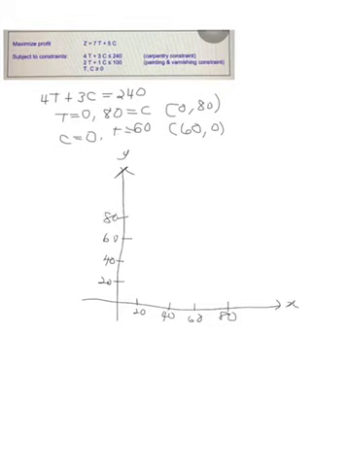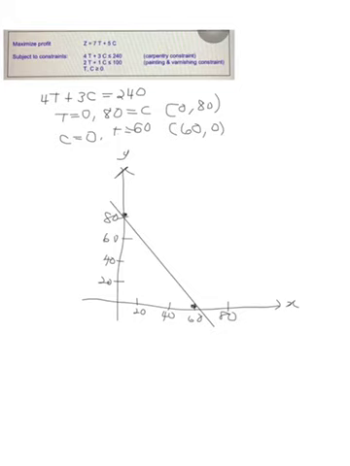Now we have 2 points: (0, 80) should be here, and (60, 0) is here. Using a straight line, just connect these 2 points, making sure that it is a straight line. Now we have the line here.